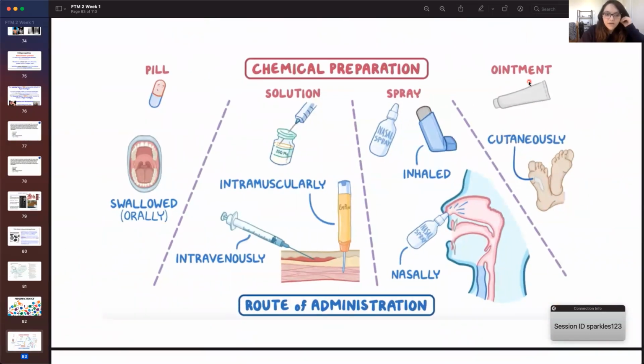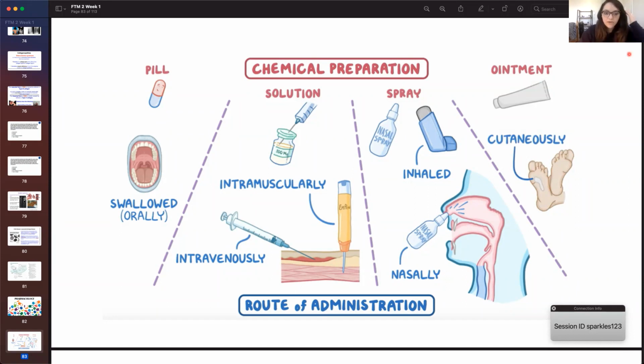Okay, so I know that there's like a million slides on different ways of administering drugs. Pretty much the point of it is, you know that if you have IV infusion, you're getting all of that drug into the blood because it's going directly into the blood.